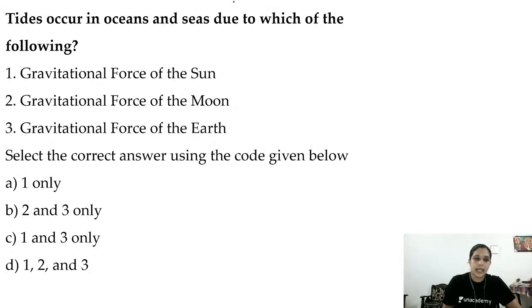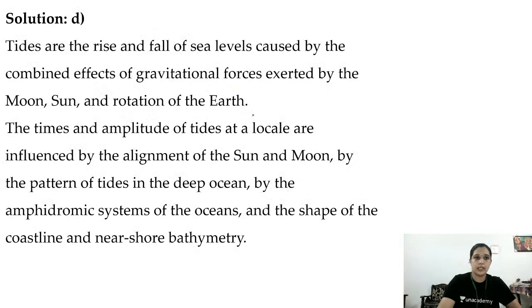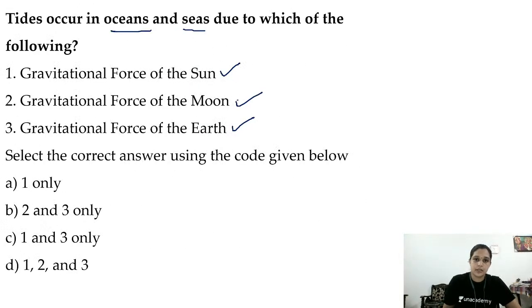See, tides occur in oceans and seas due to which of the following? Gravitation force of sun, gravitation force of moon, gravitation force of earth. So here, gravitation force of sun and moon, definitely yes. And gravitational force of earth is also needed, otherwise the water will go up and will not come down.